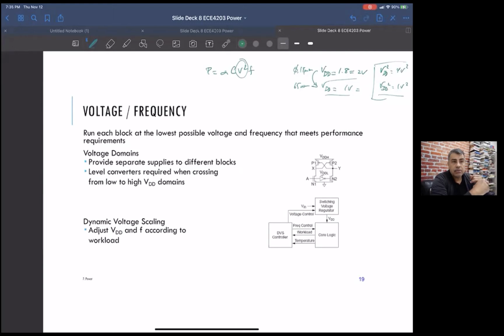Right off the bat, your voltage supply drops, so your power consumption improves there. You have smaller circuits, which means you can pack them physically closer to each other, so your wiring capacitance is going to be less.